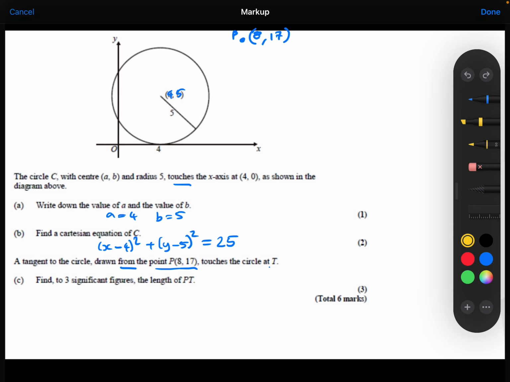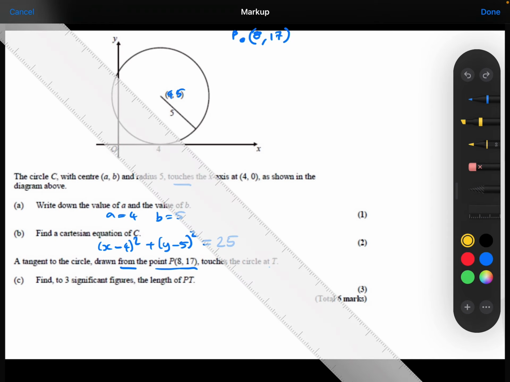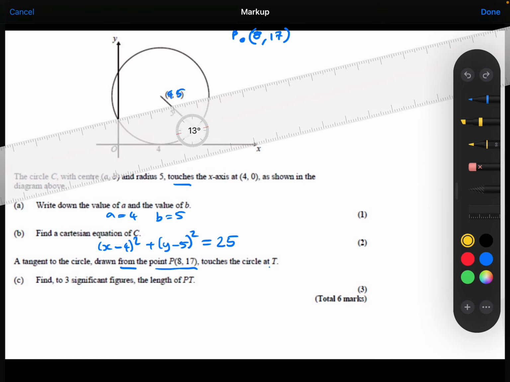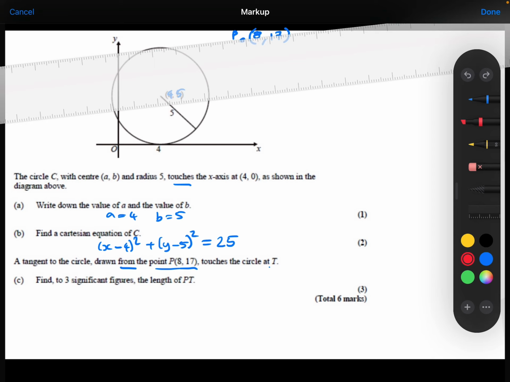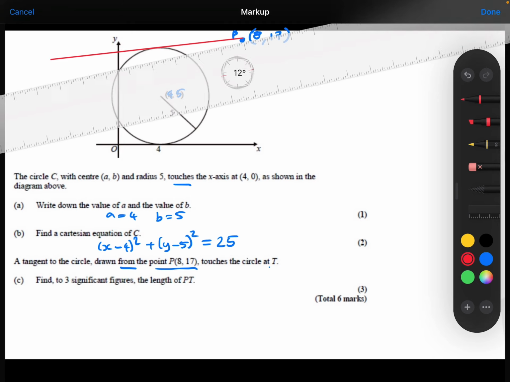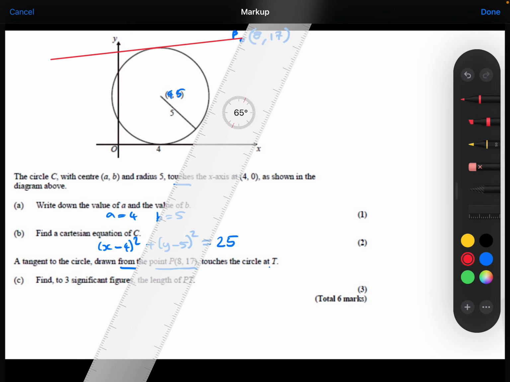And I'm going to draw a tangent from that point to the circle. So let me get a straight line to help me draw this tangent, from point P going through this, touching the circle. Now I could draw it here, or I could draw my tangent here like this.